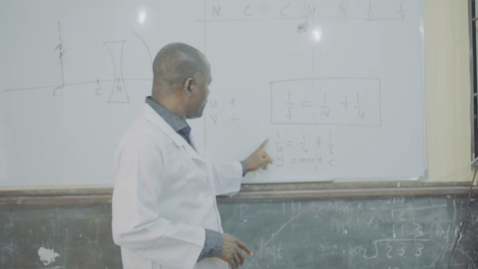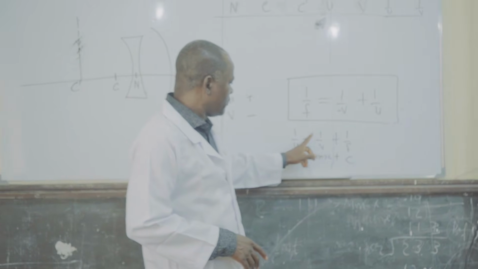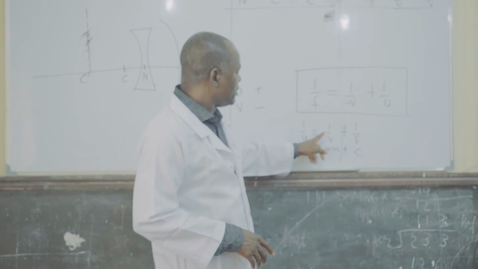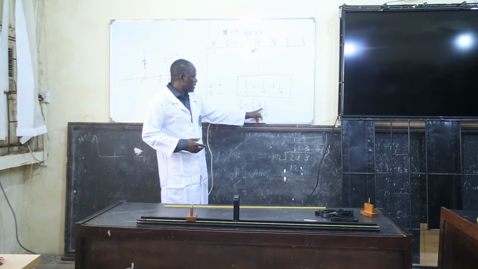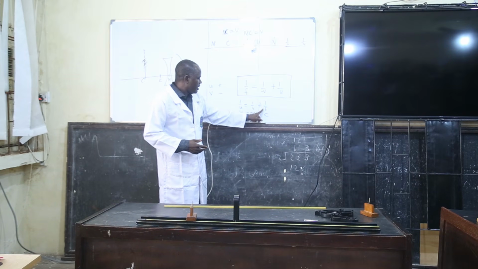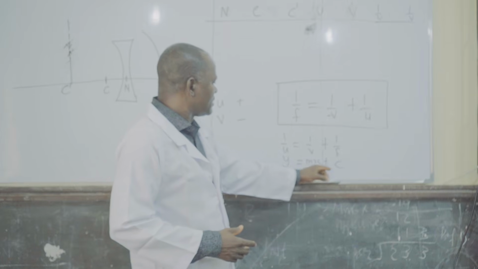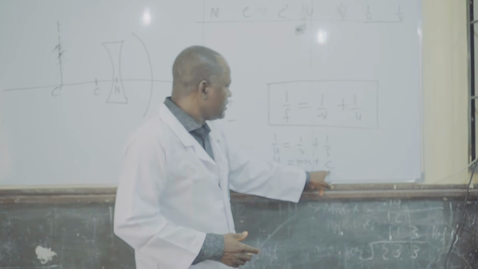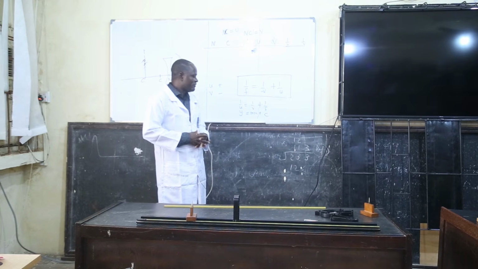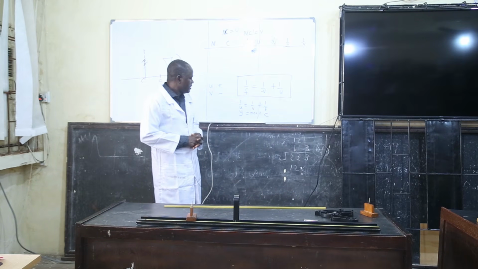So a graph of 1 over u against 1 over v has a slope of 1 and an intercept of 1 over f. So the intercept c is equal to 1 over f, and from that we can calculate the focal length of this particular lens.